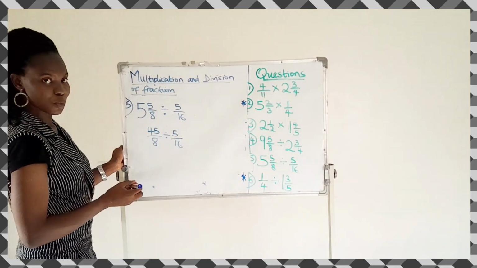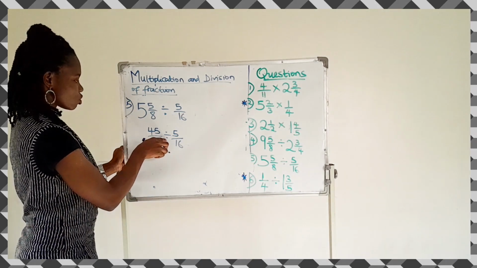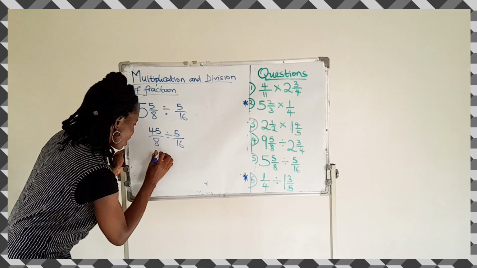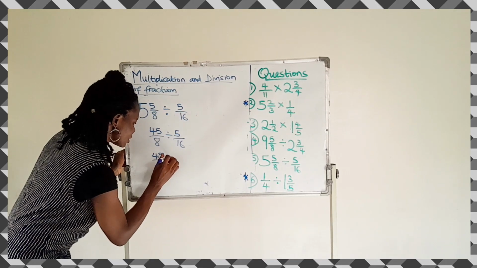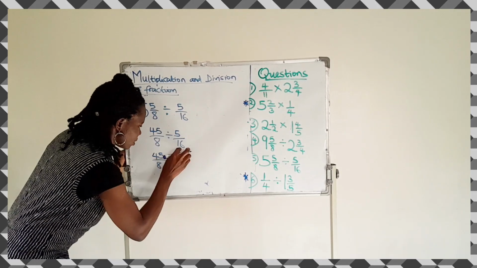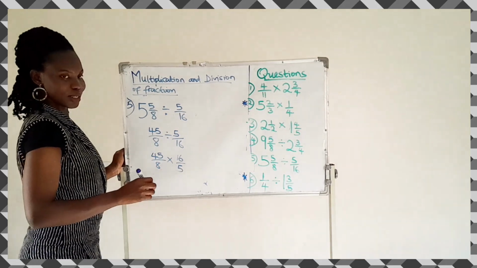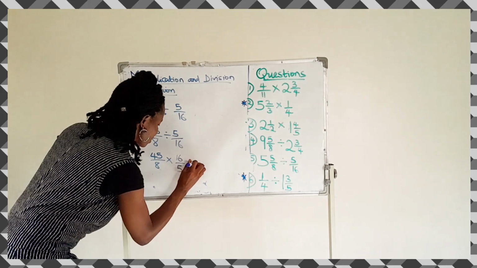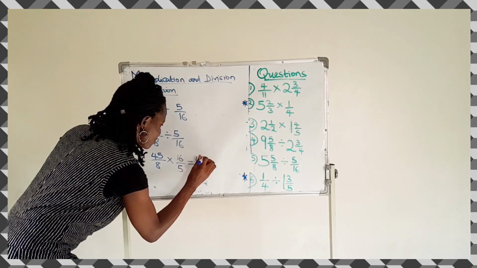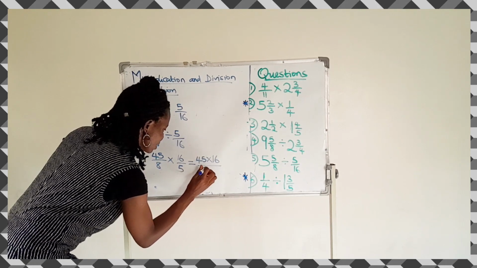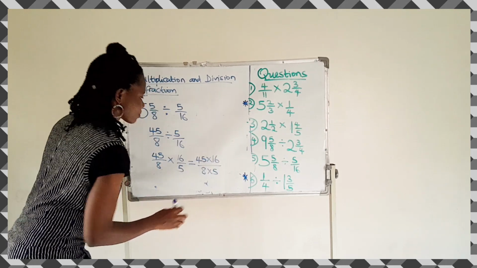So we continue with what we do. We change this to multiplication and take the inverse. So we do 45 over 8 times, we turn it: 16 will go up and 5 will come down. Is that clear? So we multiply out: 45 times 16 all over 8 times 5.